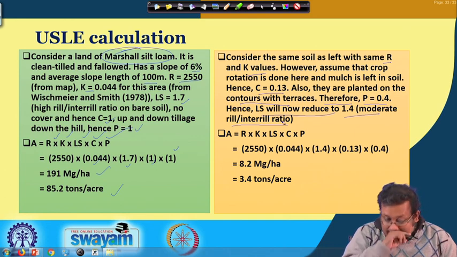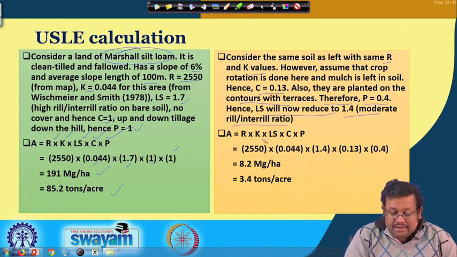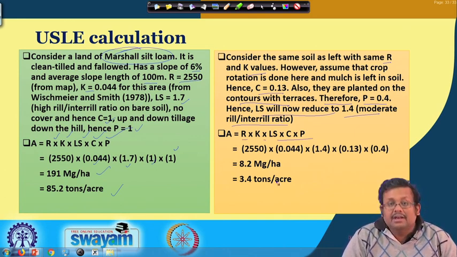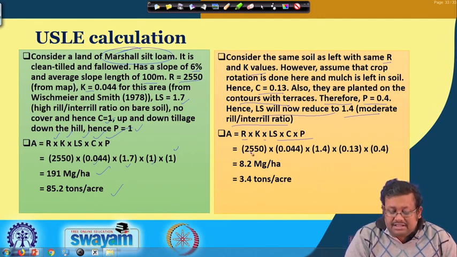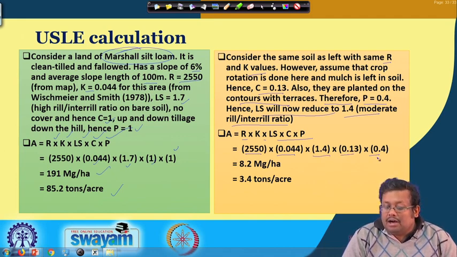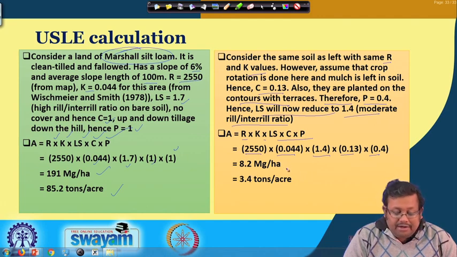So ultimately, using the same equation with R, K, LS, C and P, we get 2550 multiplied by 0.044, then 1.4, then 0.13 into 0.4. So we are getting 8.2 megagrams per hectare, which is 3.4 tons per acre.